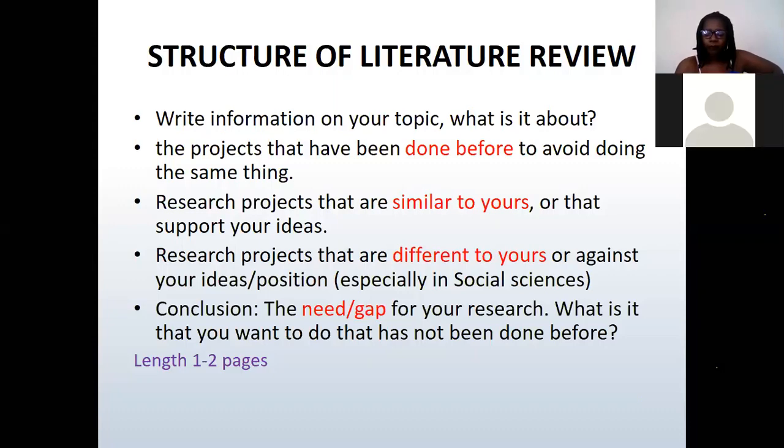And also research projects that are different to yours or that are in contrast with what you think or what you have stressed as your main position. And lastly, on the literature review, you must put a small conclusion to highlight the need for your research. What is it that you want to do that has not been done before?